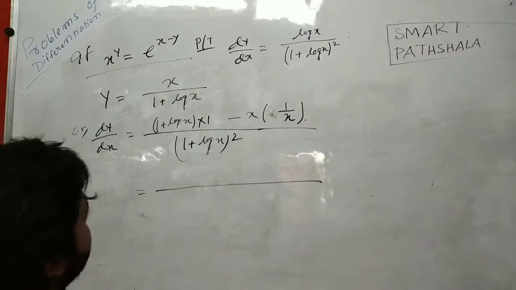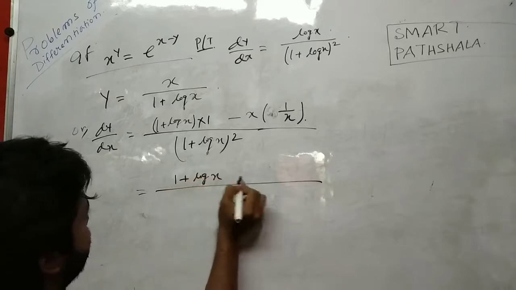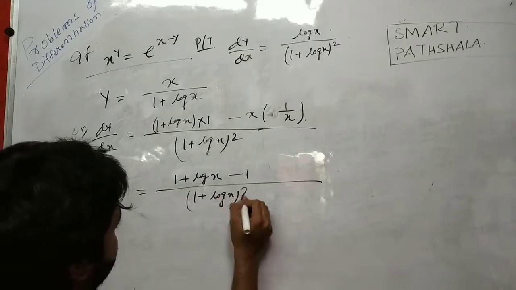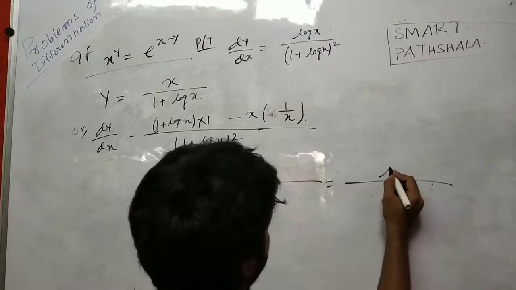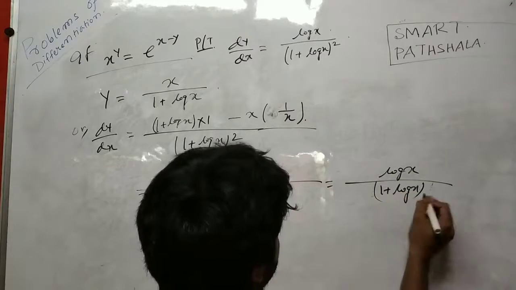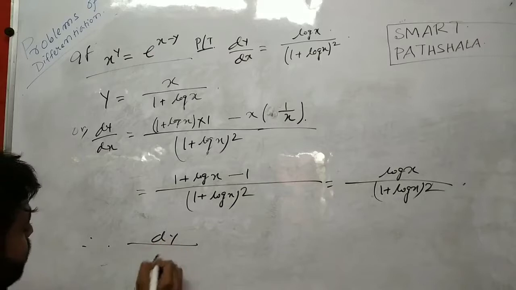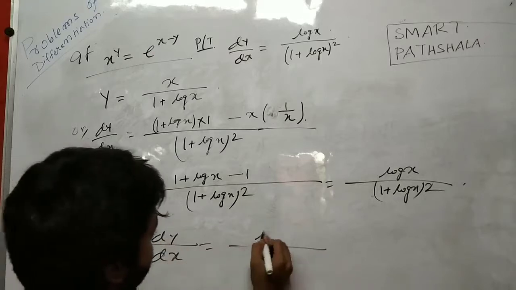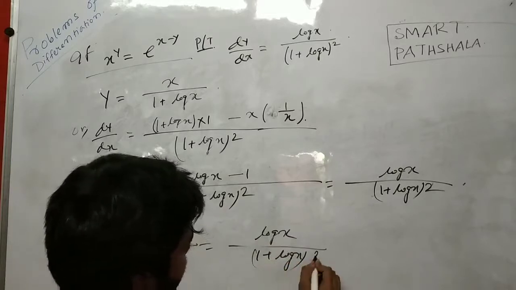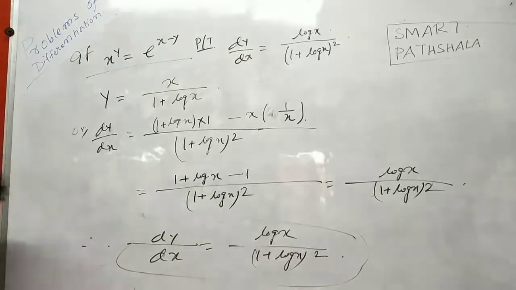So what you will have in this situation is 1 plus log x minus 1 over 1 plus log x whole square, which is log x by 1 plus log x whole square. So ultimately what I obtained is dy/dx is equal to log x by (1 plus log x) whole square. So this is the solution of the given problem.